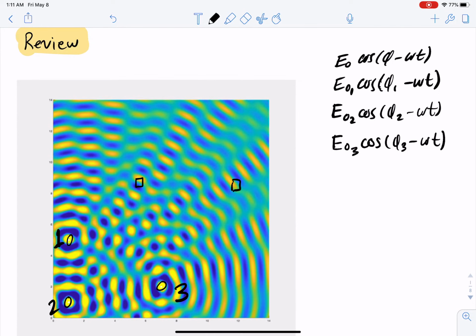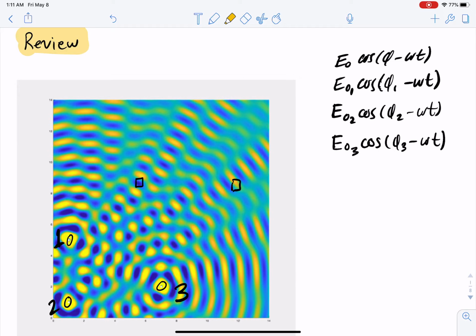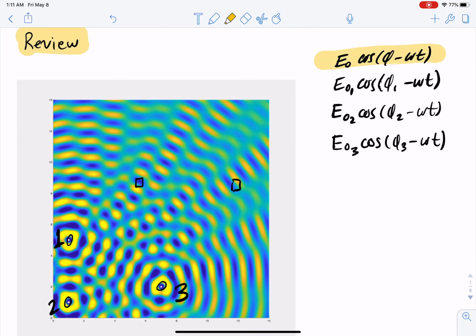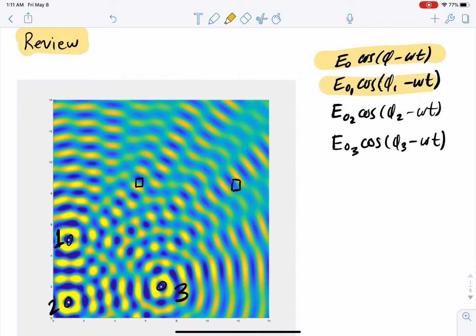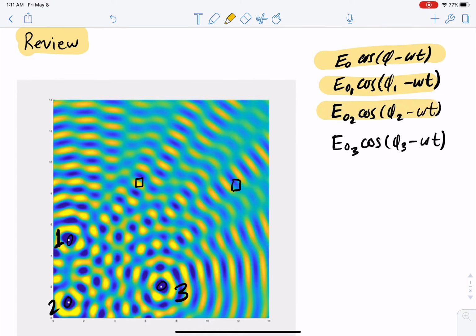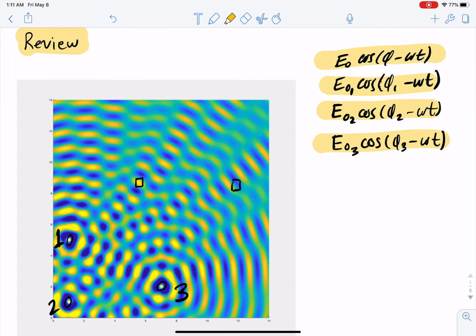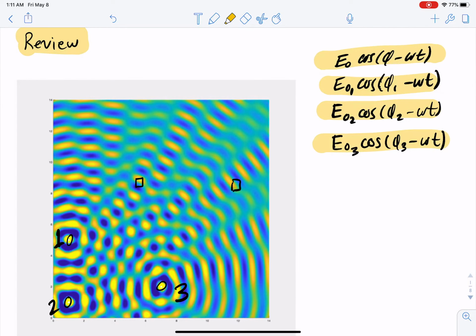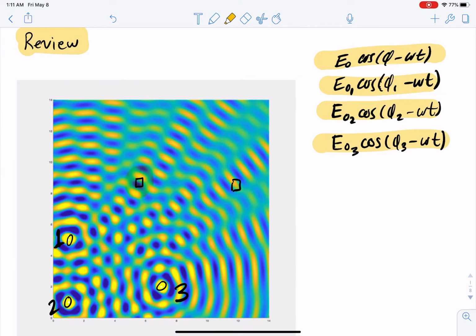Okay, so if we have all of them on, we get this one. If we just have source 1 on, we get that one. Source 2 on, we get that one. Source 3, we get that one. So this would all be at one particular point.